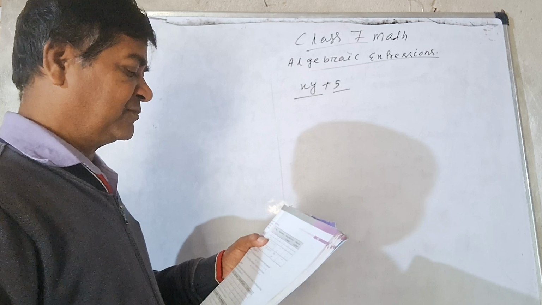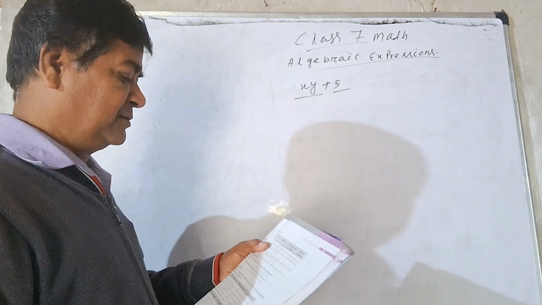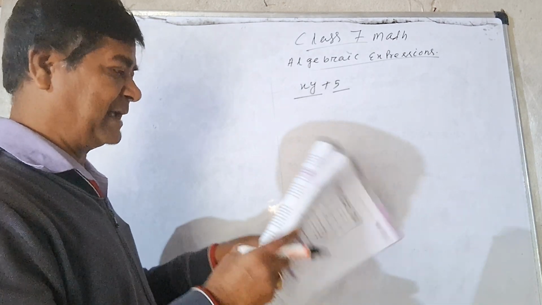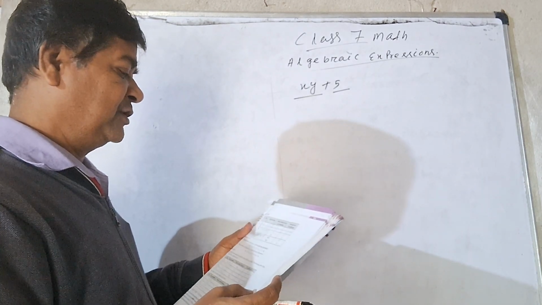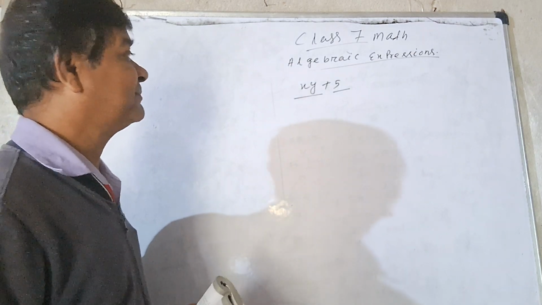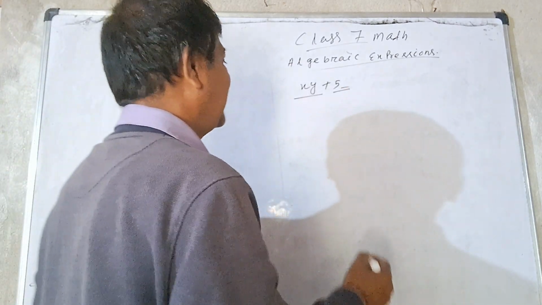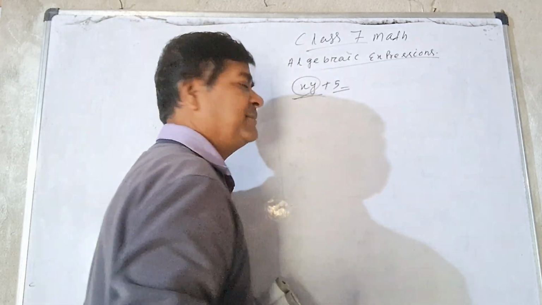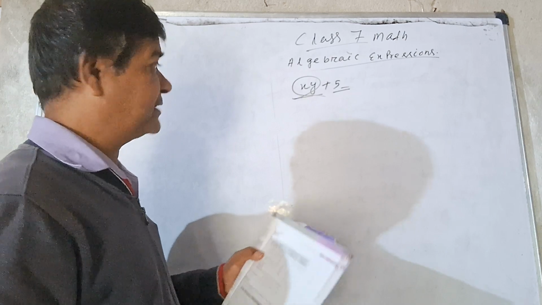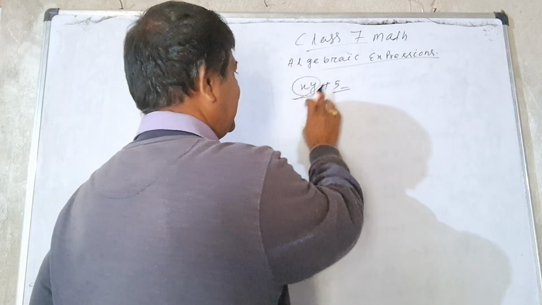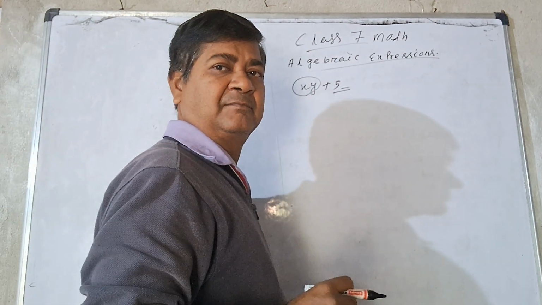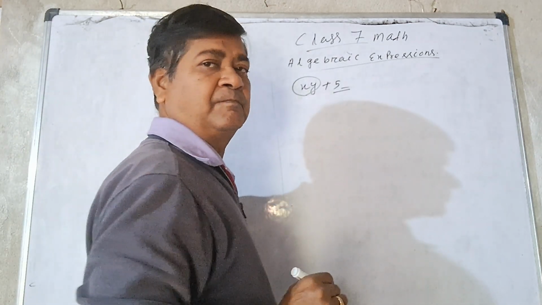Then, terms which are not constant. 5 is your constant. So only xy is a term having no constant. Now the coefficient. Coefficient means the digit or number multiplied with the variables.